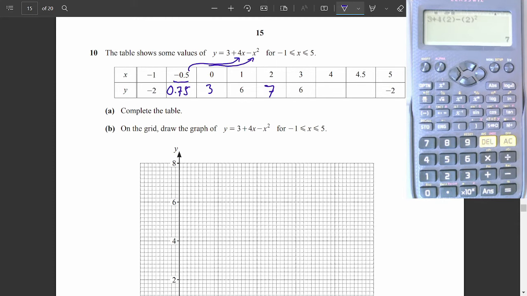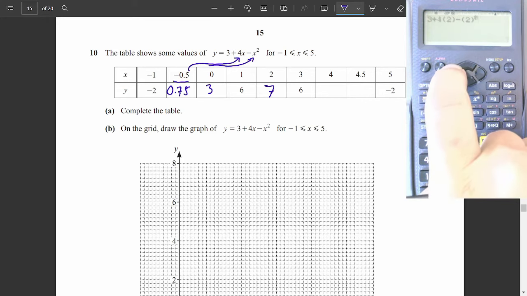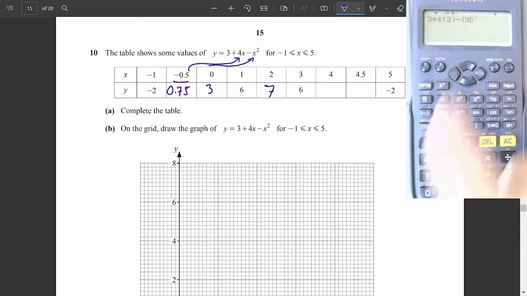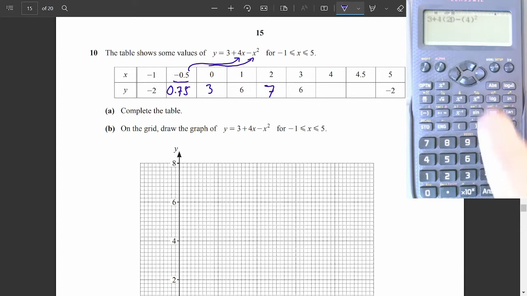Hopefully by now you'll recognize that it is symmetrical, 7, 6, 6. So we guess the next one could be 3, but always double check. Is it 3? Yep, that is good news.